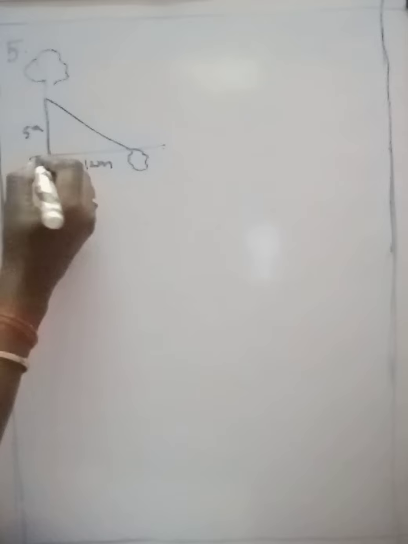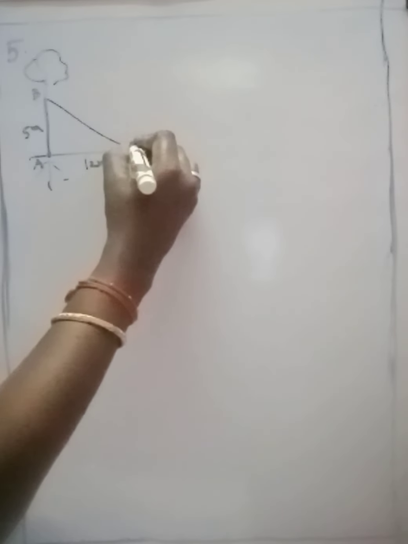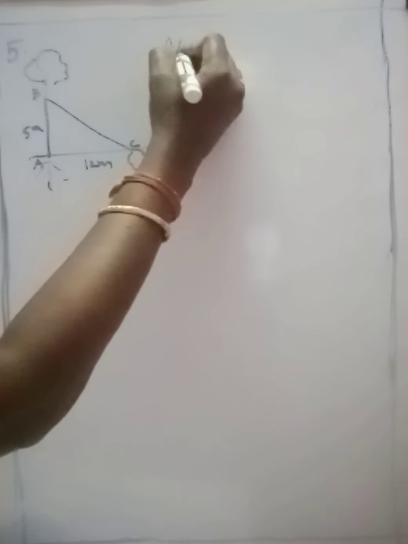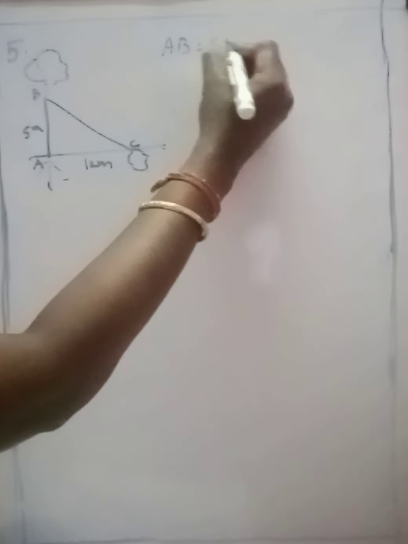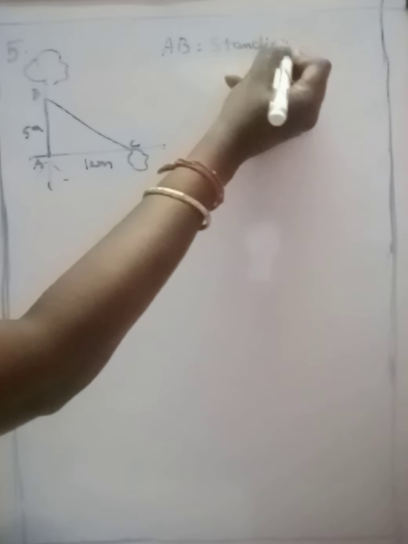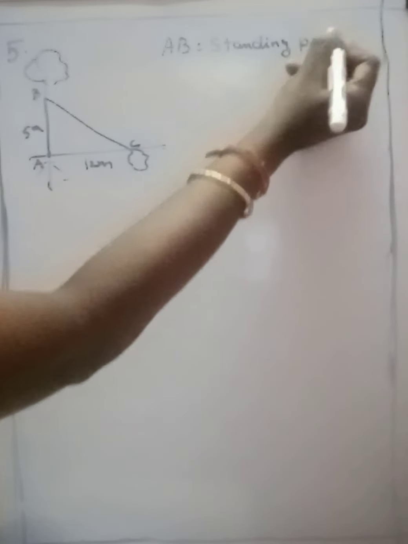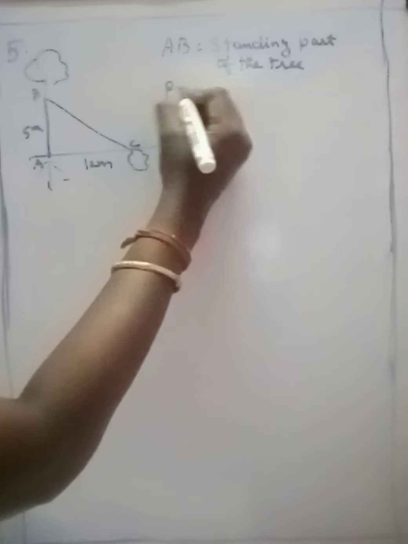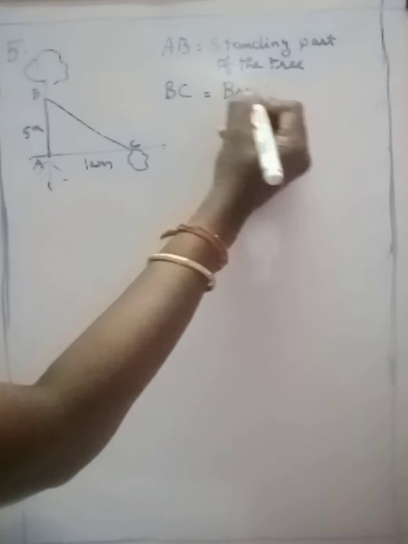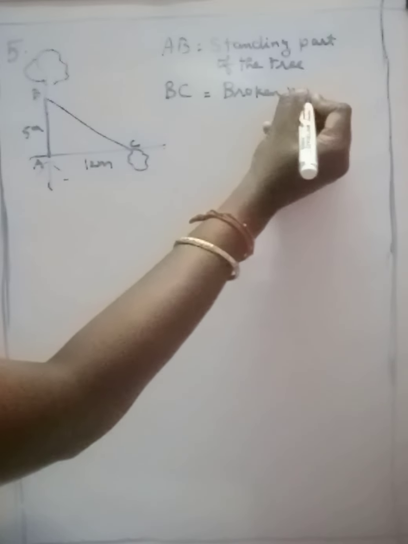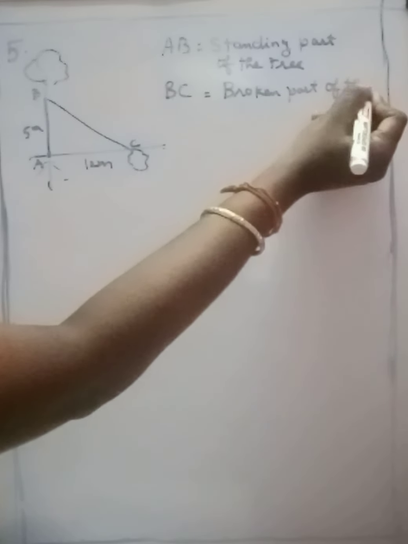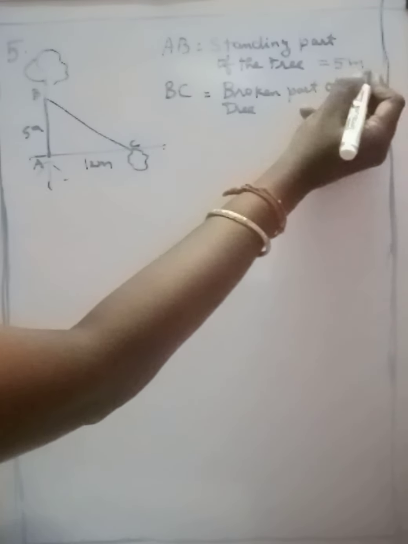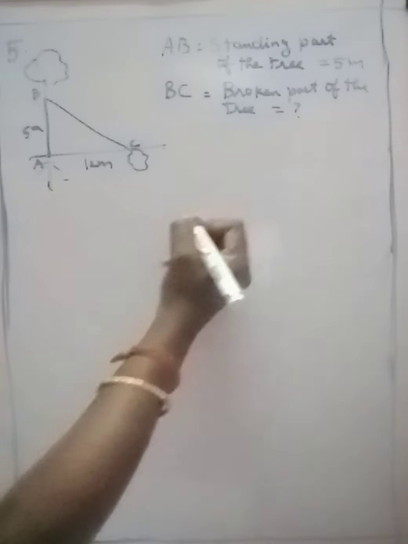Let this be A, this be B, and the top of the tree touching the ground be C. Now AB is the standing part of the tree. BC is the broken part of the tree. AB is nothing but 5 meter. BC we have to find it.